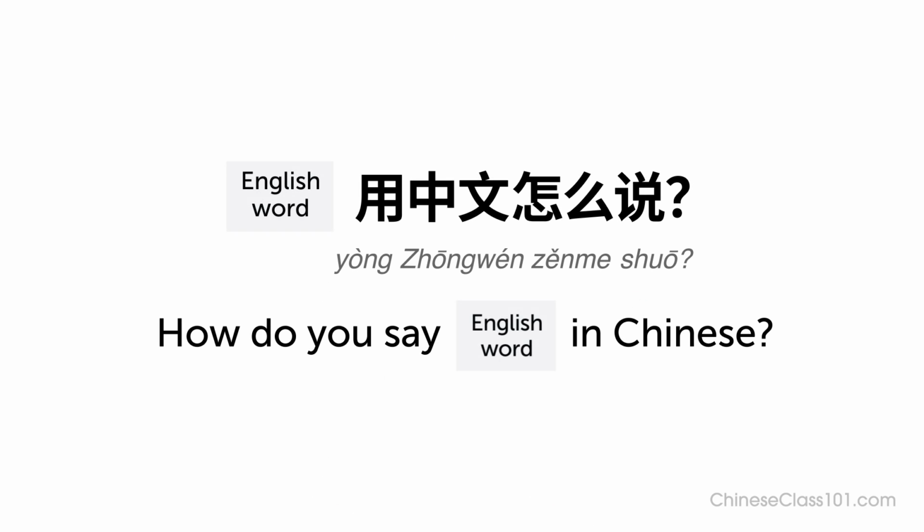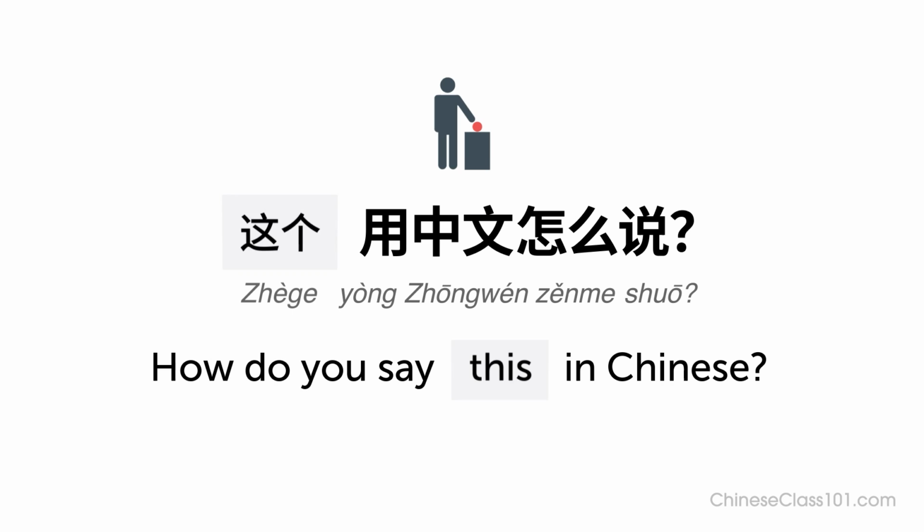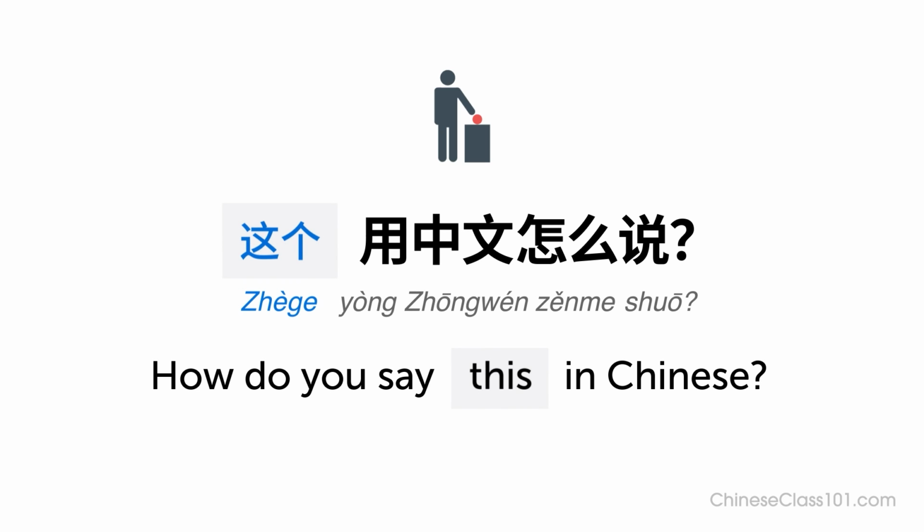When you don't know how to call something in Chinese and you want to keep the conversation in Chinese, you can point and say, how do you say this in Chinese? Simply replace the English word with 这个, meaning this. 这个用中文怎么说, How do you say this in Chinese?